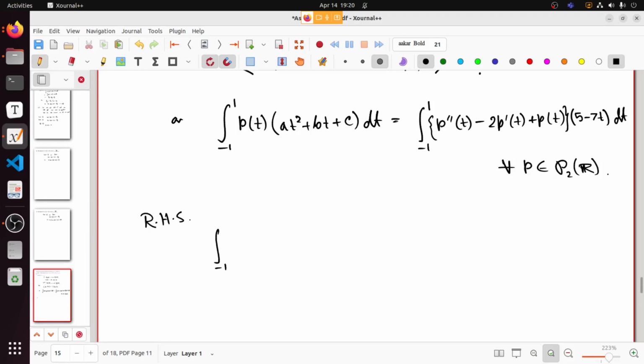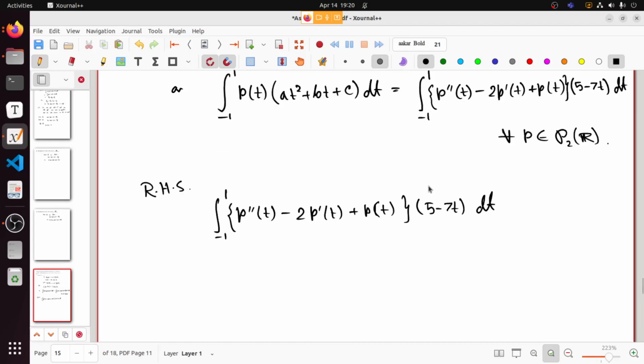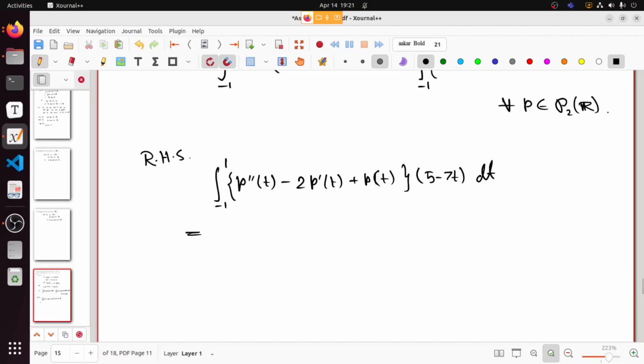RHS, what is it? The integral from minus 1 to 1 of (p double dash t minus 2 p dash t plus p(t)) times (5 minus 7t) dt. So you will integrate this, then what will you get?